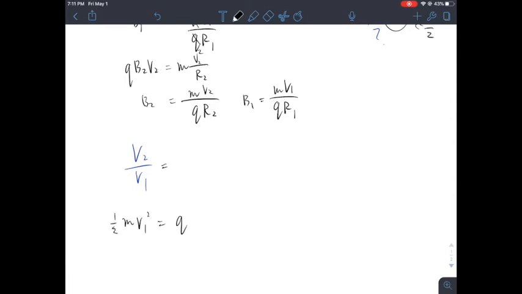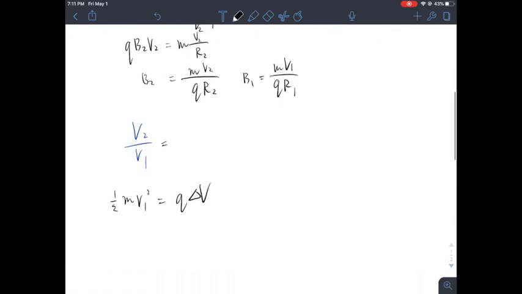The kinetic energy given to the particle by the electric field is Q times the potential difference, ΔV. Then 1/2 m v2 squared will be twice Q times ΔV, because it's accelerated twice starting from rest. So we can set them equal.